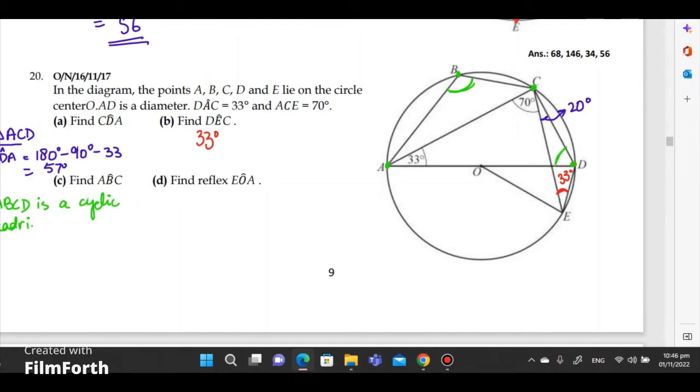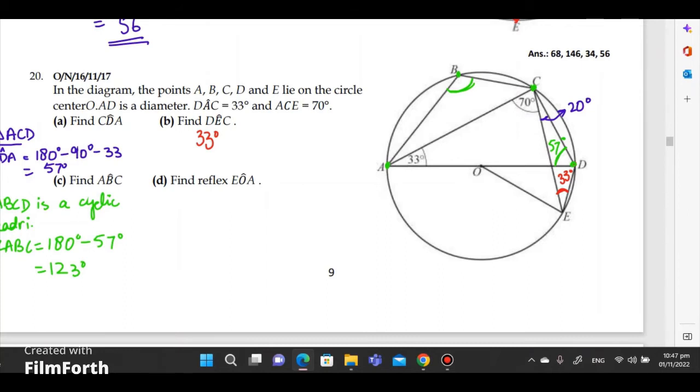We just worked out in part A that this would be 57 degrees. So angle ABC would be equal to 180 degrees, take away 57 degrees. So the answer would be 123 degrees. Why? Because these are opposite angles of a cyclic quadrilateral.